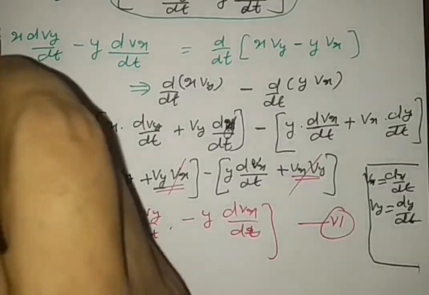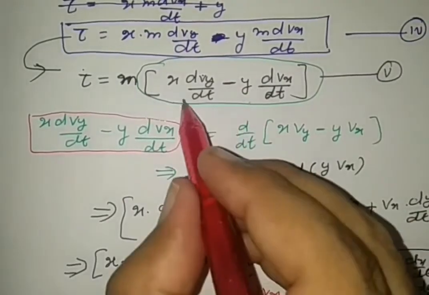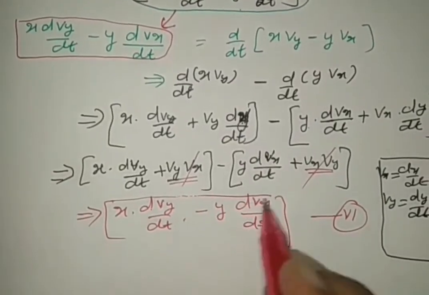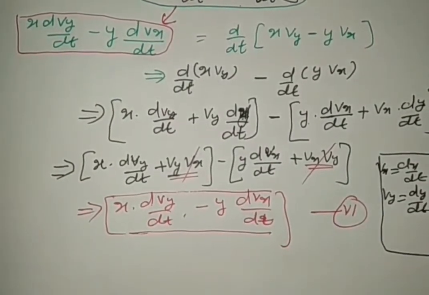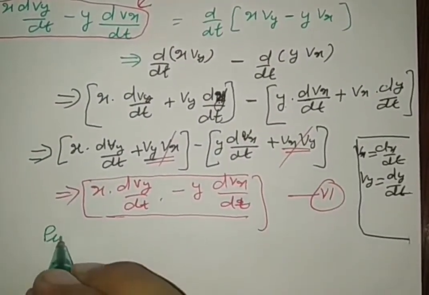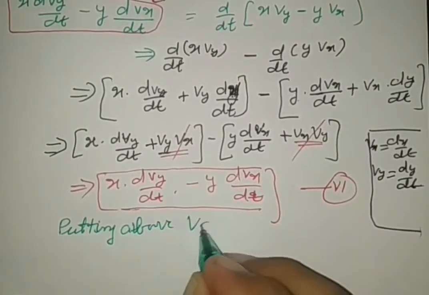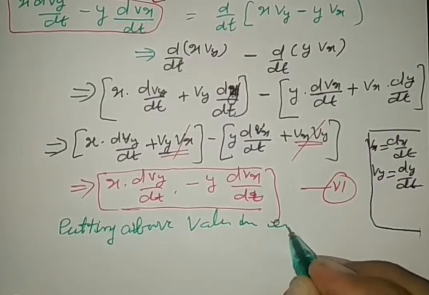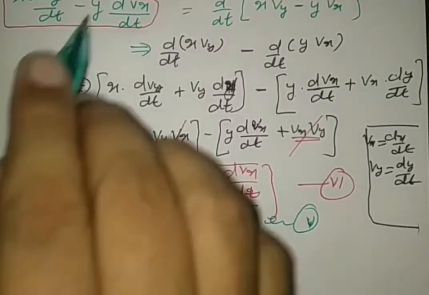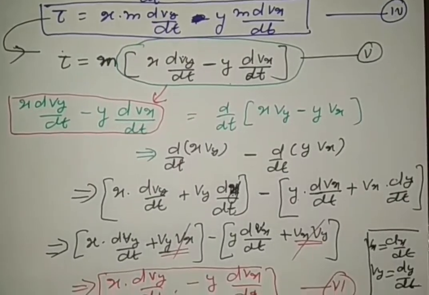Now see very carefully here, this green box and red box are the same and its value is obtained here in this red. So now putting the above value in equation number 5, we may write torque is equal to m, and in place of this again the same value is here, no change actually.